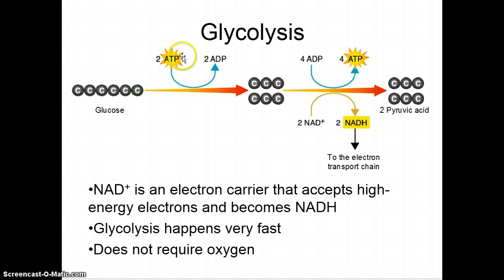There is energy used and energy produced, and there are high energy electrons created, which are handled by the oven mitt, the NAD, which accepts those high energy electrons and carries them as NADH. This is a very quick, a very fast process in an organism. It does not require any oxygen.